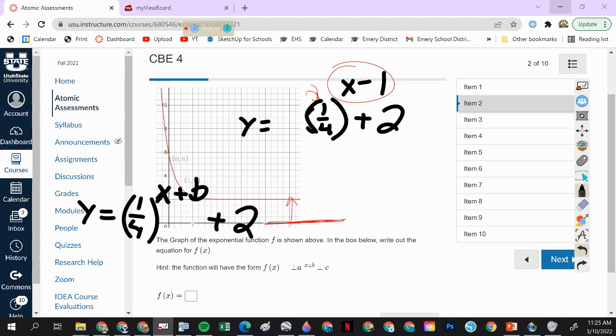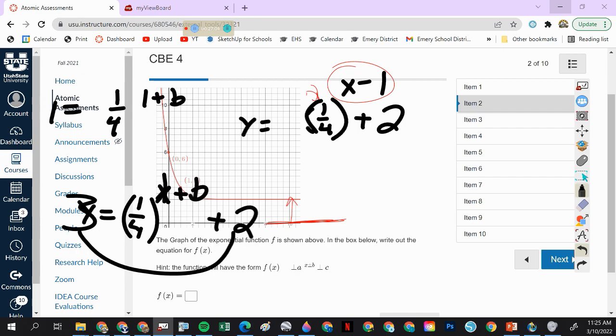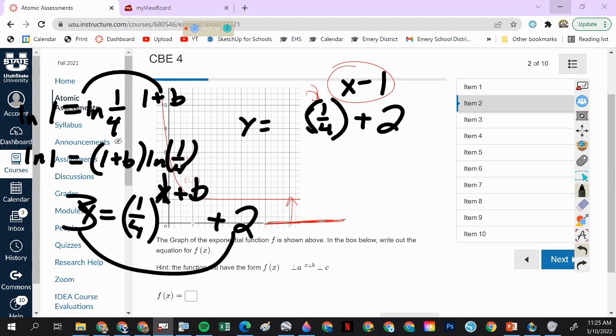Now we can plug in 1, 3. So we plug in 3 here, we plug in 1 there. Subtract 2, and I get 1 equals 1/4 to the 1 plus b. ln both sides. So the ln of 1 is equal to 1 plus b times ln of 1/4. Divide by the ln of 1/4.